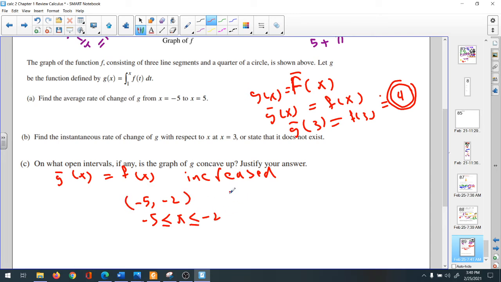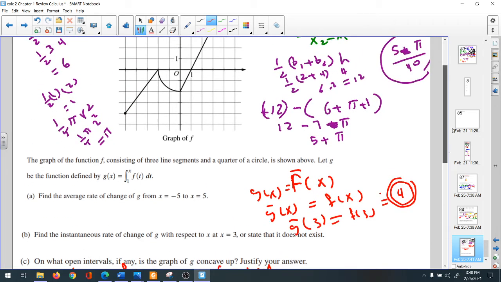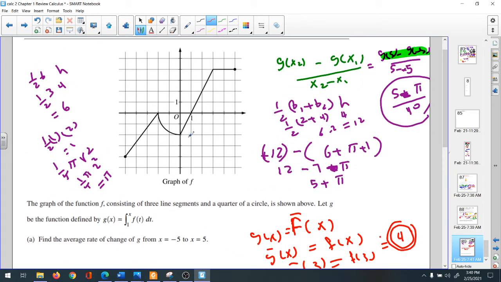Also, if you look at the graph, you will find that the function f, or the derivative of function g, increases from 0 till here: 1, 2, 3. So it increases from 0 to 3.